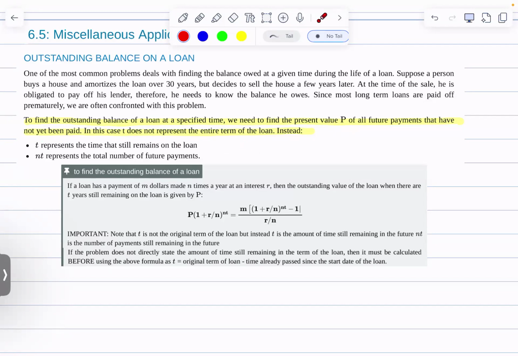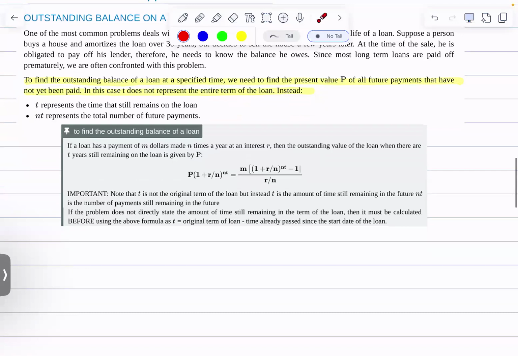It represents the remainder of the loan. Those payments that you've made, they're all behind you, so you can ignore them, or at least that's how I think of it in my mind. So T now is going to represent the time that still remains on the loan. Besides that, nothing's really changing. And so N times T represents the total number of future payments that you had originally committed to.